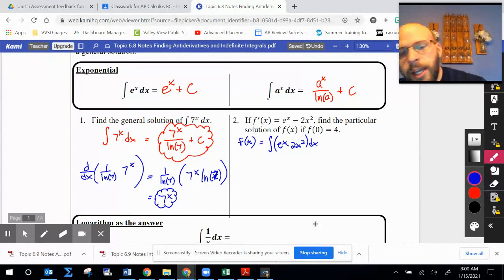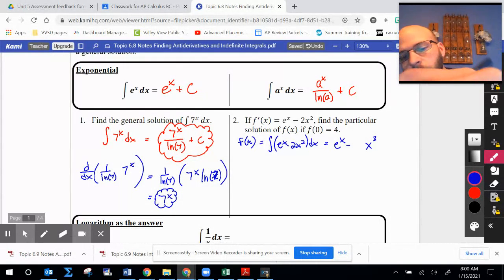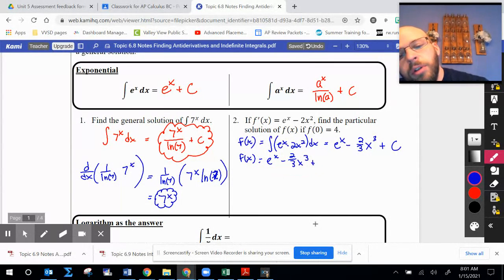The antiderivative of that is e to the x minus, now we're going to raise this a power and multiply by the reciprocal, so I'm going to end up getting a 2/3 in front, plus c. So my function as of right now is e to the x minus 2/3 x cubed plus c.